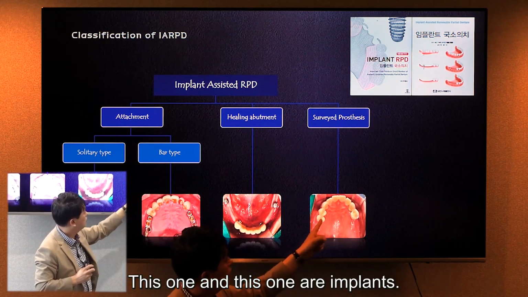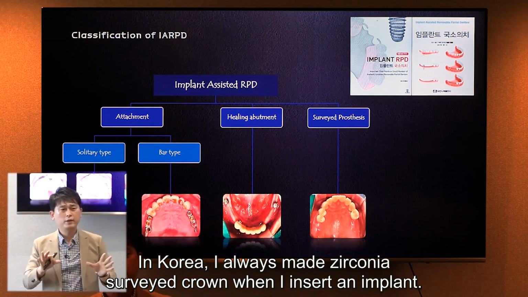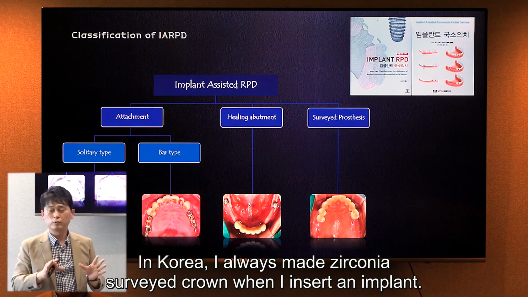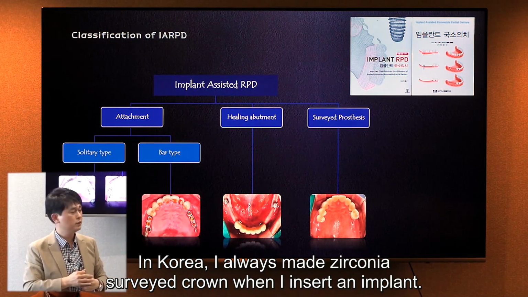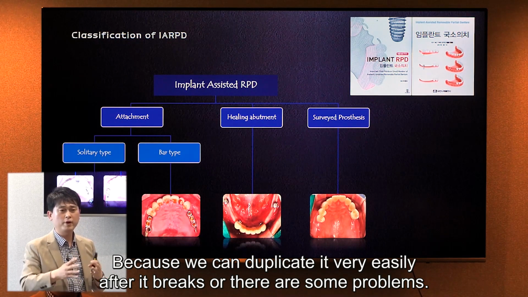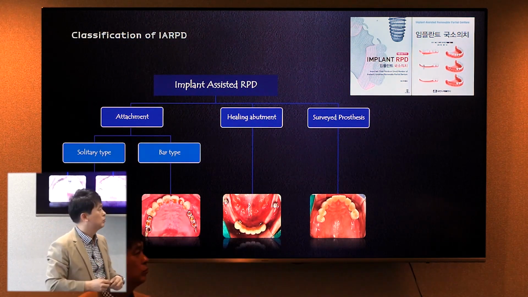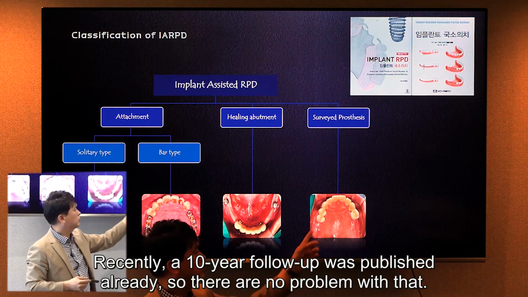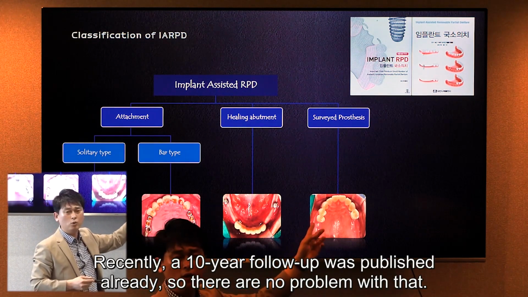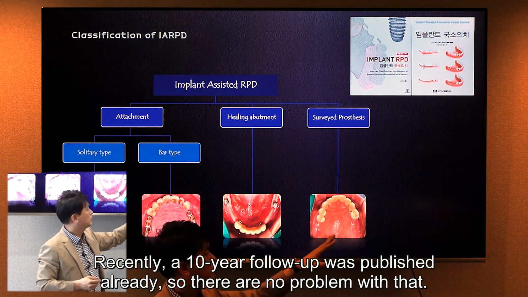This one and this one is an implant. In Korea, I always make the zirconia surveyed crown when I insert the implant, because we can duplicate it very easily after breaking or some problems. Recently, a 10 year follow-up was published already, so there are no problems about that.